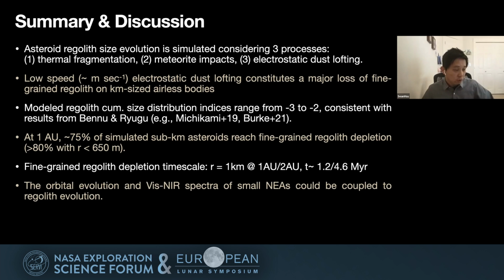I also want to stress that losing fine-grained material changes the thermal properties of the surface, which could have implications for the orbital evolution or the surface spectral characteristics of small asteroids. Thank you for your attention, and I'll take questions.